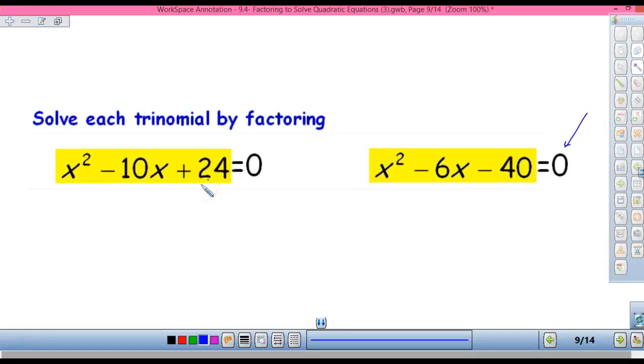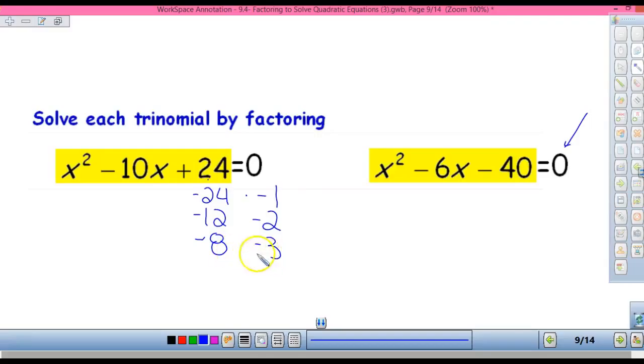So to get to 24, we've got possibilities of negative 24 times negative 1. That doesn't add up to negative 10. We've got negative 12 and negative 2. That adds up to negative 14, so that doesn't work. We have negative 8 and negative 3.